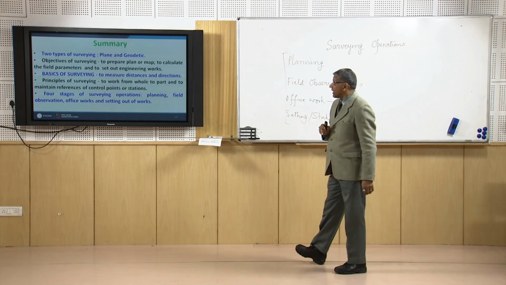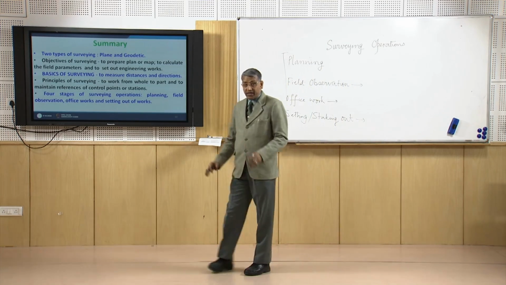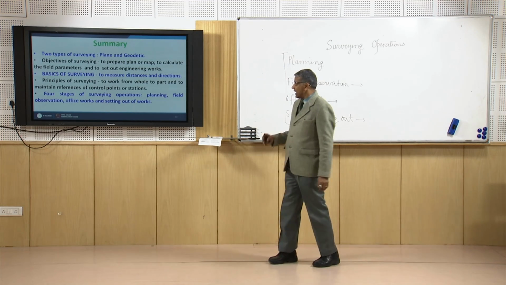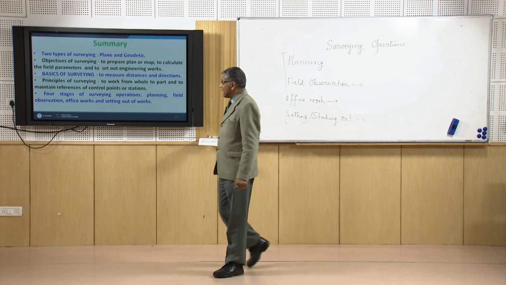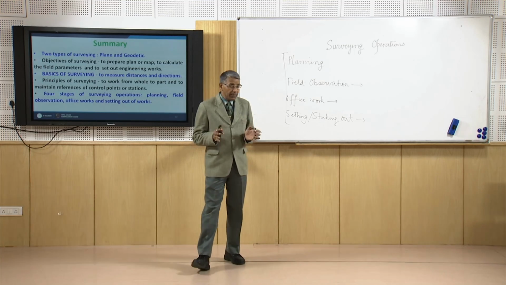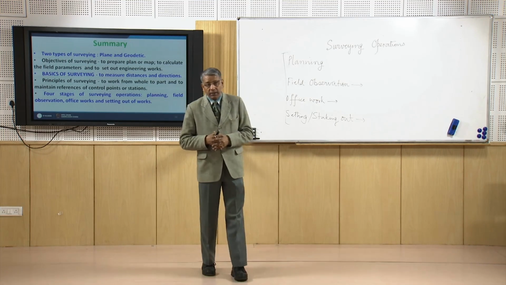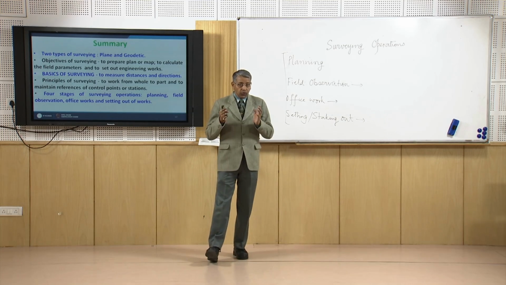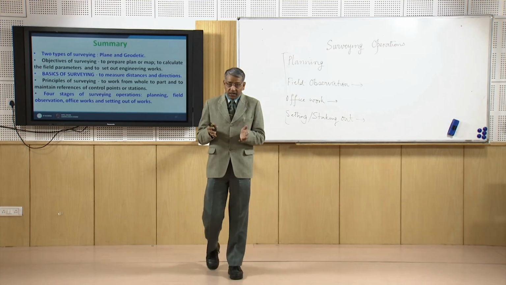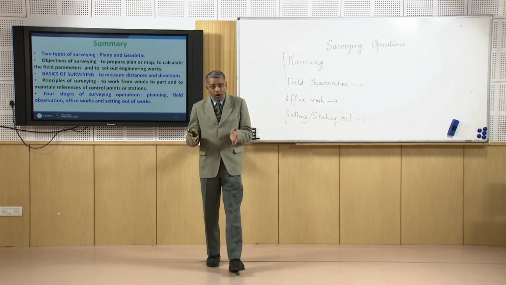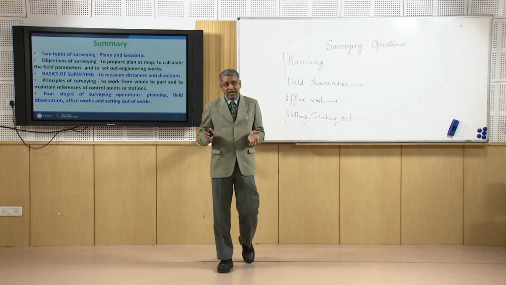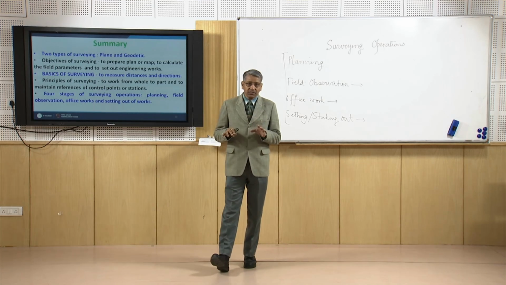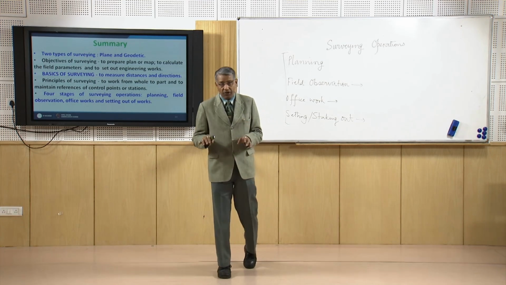With this, I would like to conclude today's class. Before the final conclusion, I would like to summarize this class. There are fundamentally 2 types of surveying depending upon the area to be surveyed. In this course, we will be considering the area to be small, so we will consider that the surface of the earth is plane, and thus we will learn plane surveying.